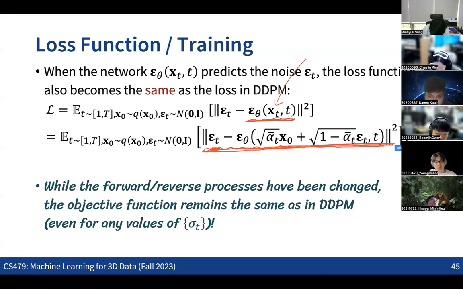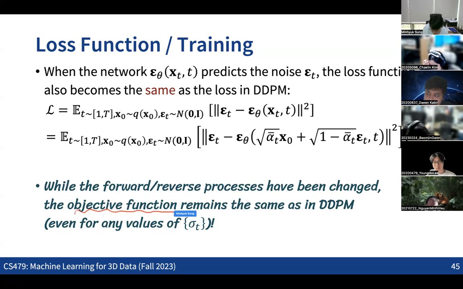So the key thing is that while we are changing the forward and reverse processes to run a different process, the objective function remains exactly the same.